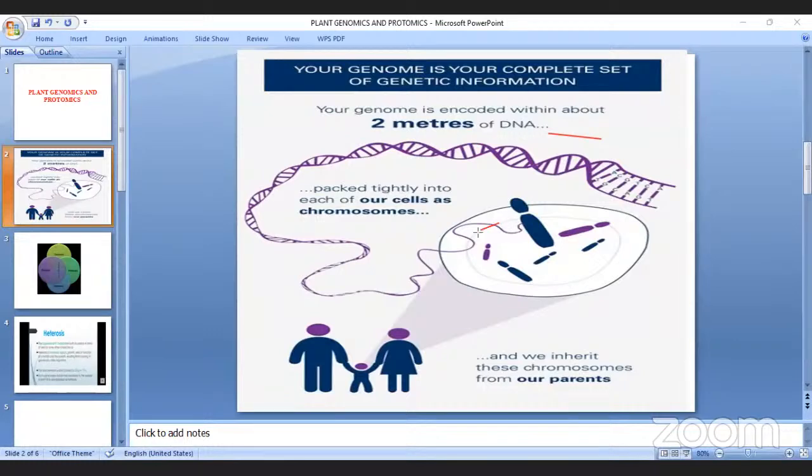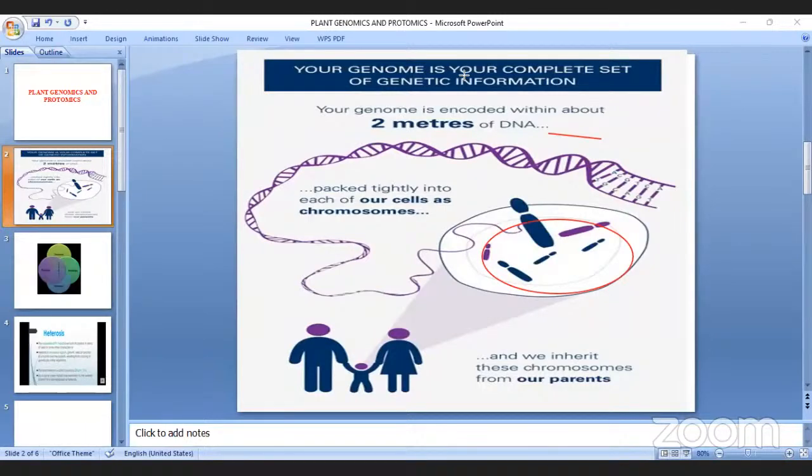Right. So inside the cell, this is the nucleus, shown in red color. What is present in the nucleus?